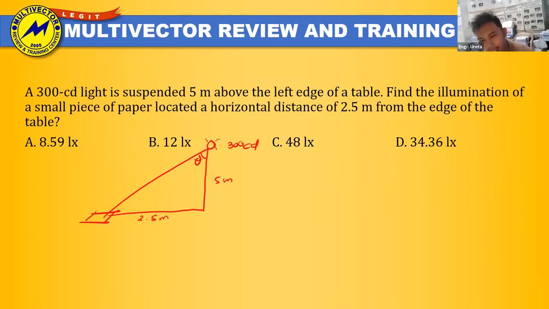When the light makes an angle with respect to the area being illuminated, we use Lambert's cosine law. Total illumination E is just equal to I cosine theta over R squared. Our R is just equal to the square root of X squared, which is 2.5, plus 5 squared.